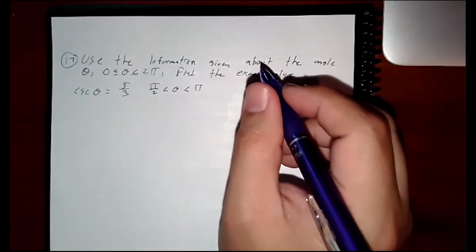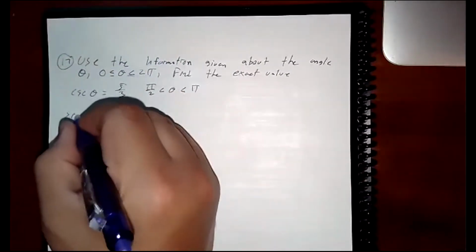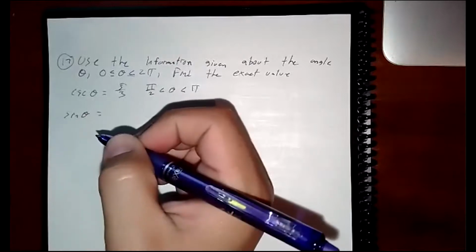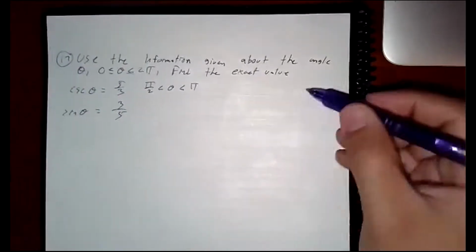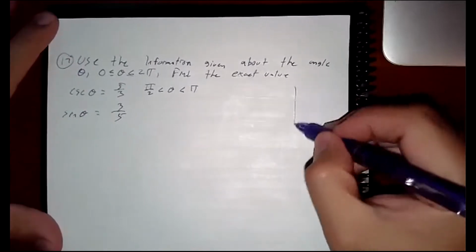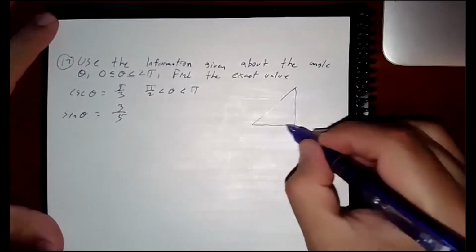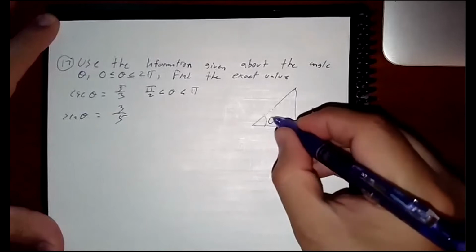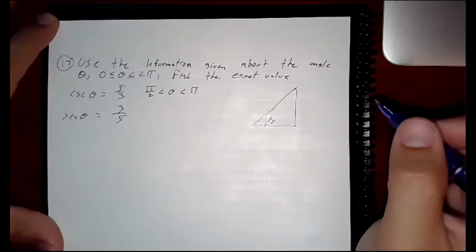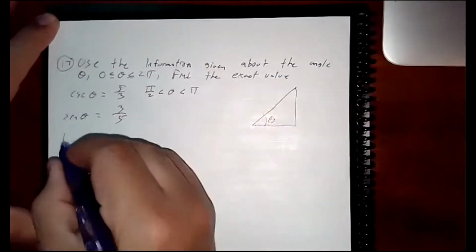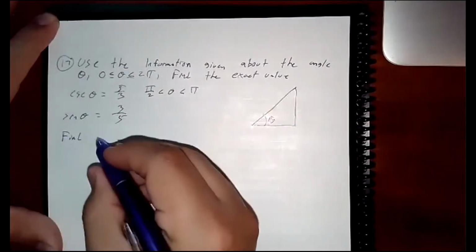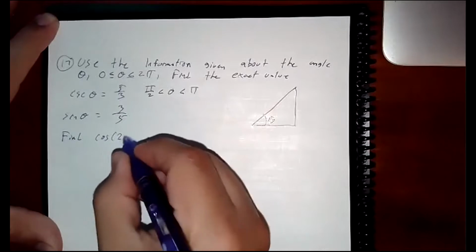Cosecant is the reciprocal of sine, so technically sine theta is equal to 3/5, right? Okay. So let's make our triangle. Oops, I forgot what they want. They want us to find cosine 2 theta.